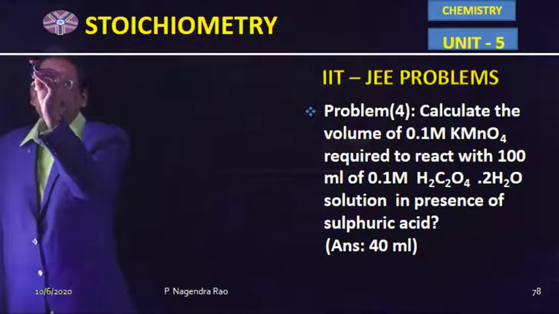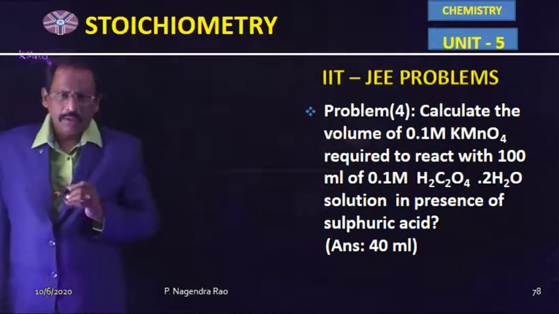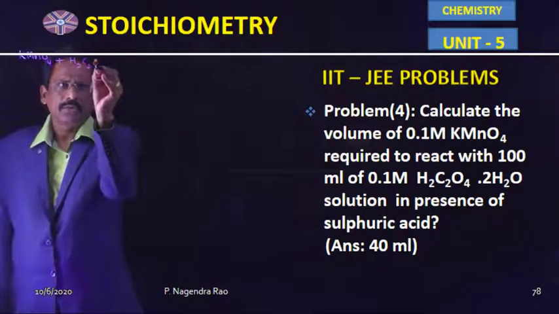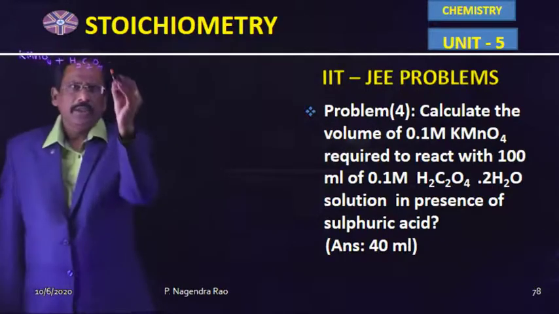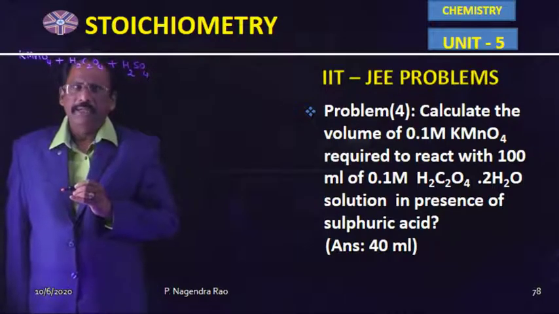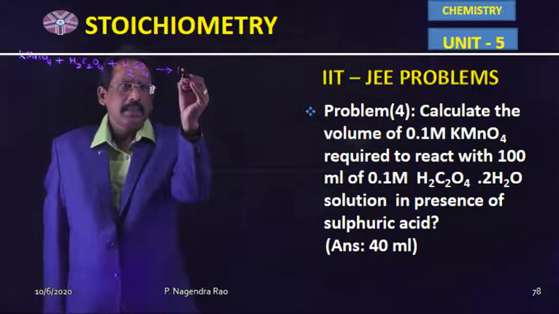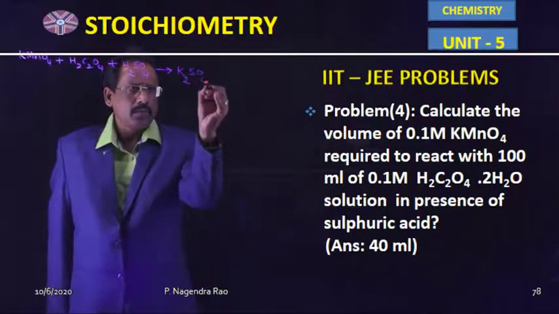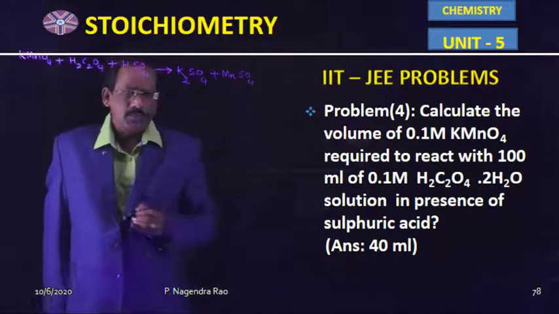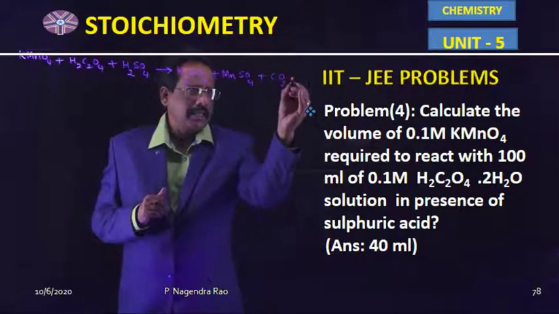When KMnO4 solution reacts with oxalic acid, H2C2O4, in the presence of sulfuric acid medium, it produces metal sulfates, K2SO4, MnSO4, and oxalic acid produces carbon dioxide gas and water.